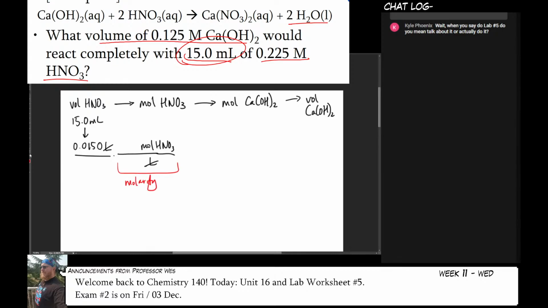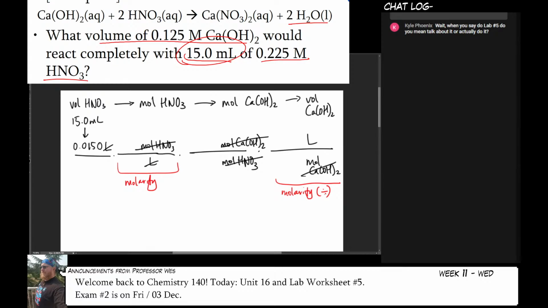That's where we're going to fill that number in just a second, but we're going to fill in all the units first. So we'll turn moles of nitric acid into our calcium hydroxide using the balanced equation to put those coefficients in. And then finally, we'll do moles of calcium hydroxide to liters to figure out its volume. And this one is also a molarity. It's just upside down, because we're dividing by the molarity.